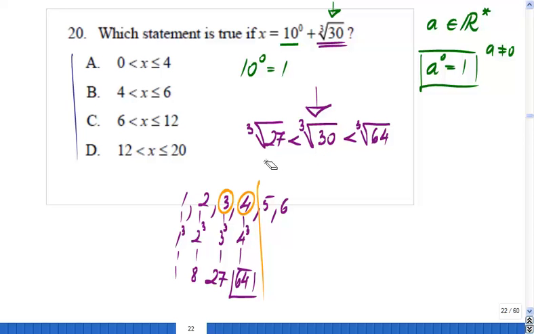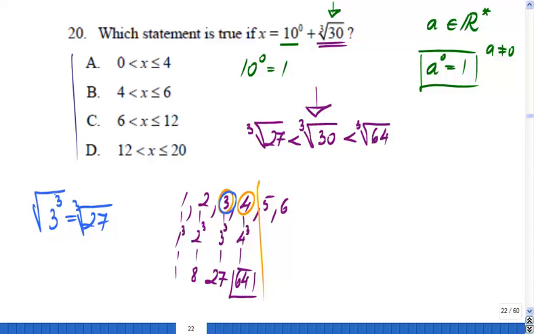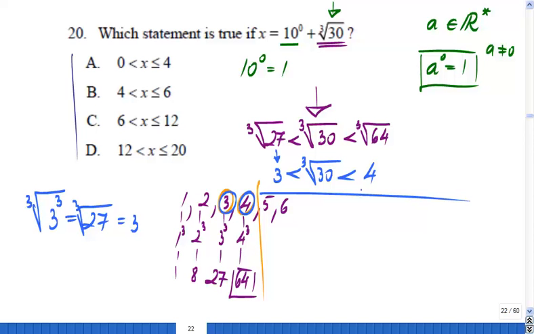We already know that the cubic root of 27 is actually what? Cubic root of 27 is actually 3, because 3 cubed is 27. So this cubic root of 27 is nothing else but actually 3, which I know should be less than my cubic root of 30, and should be less than my cubic root of 64, which is what? 4.